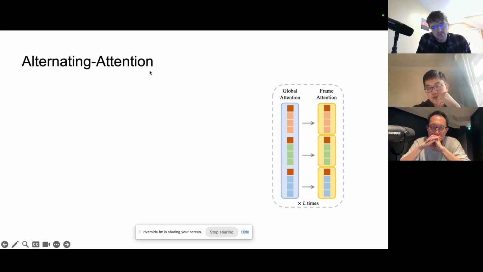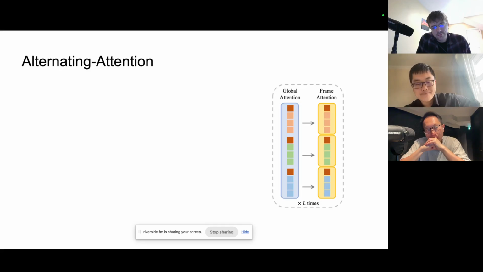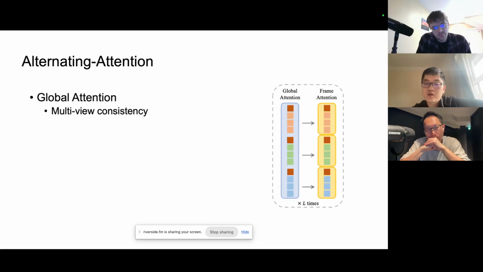So I hope to briefly introduce why we need such a design. First, it is very simple, and I think every person can think of it: just first global and then local, global and local. It is very common in a lot of research. And why do we need global attention?